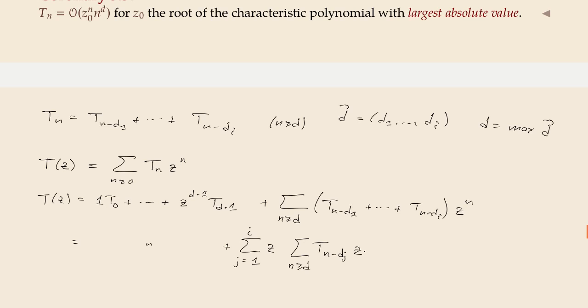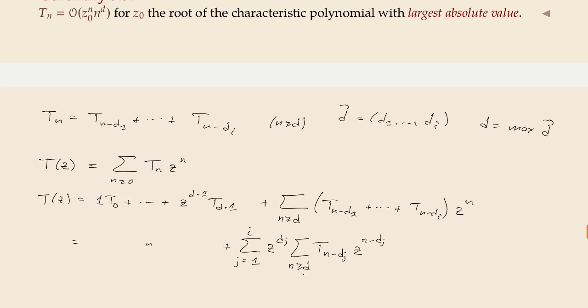We would like to make these sums of the same form that we have for the generating function. That's why I take a few of the c's and pull them out of the sum. Now we're almost there.